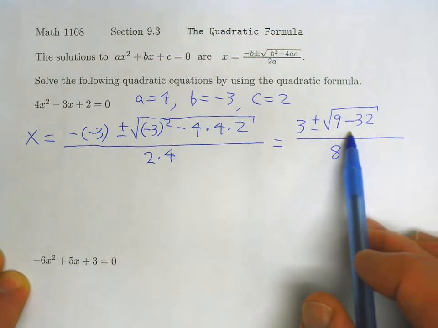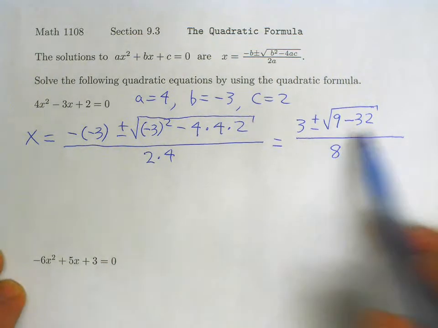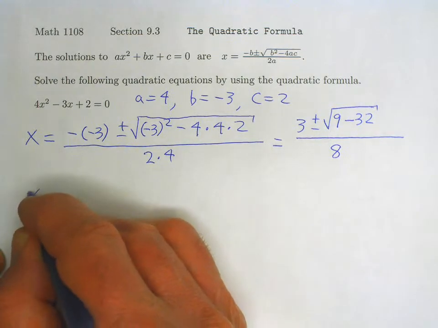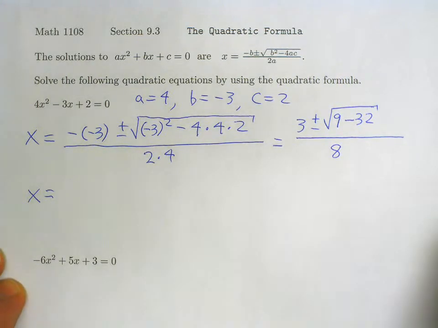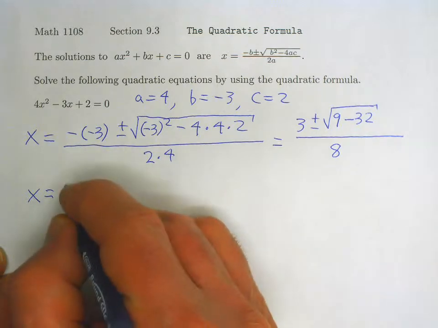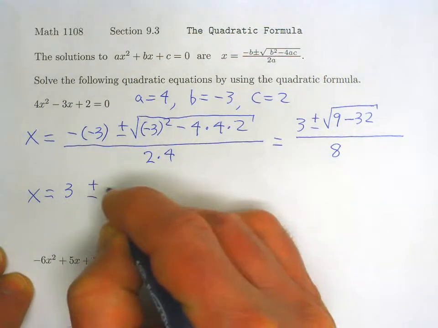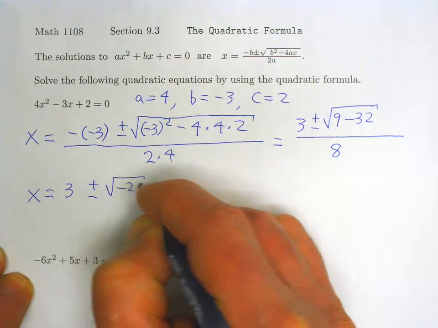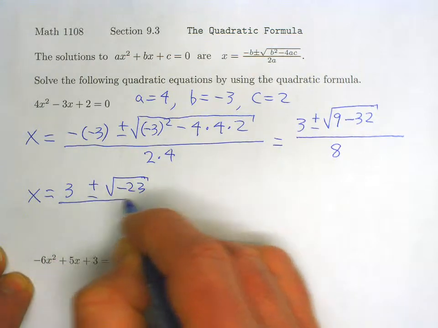So for this one, the discriminant is negative. That means the solutions are non-real. So x equals 3 plus and minus the square root of negative 23, all divided by 8.